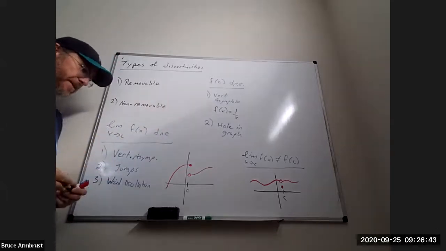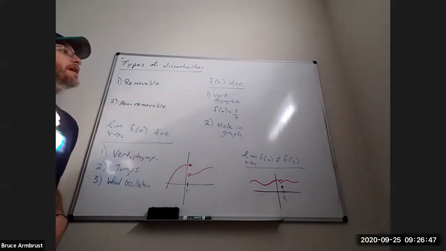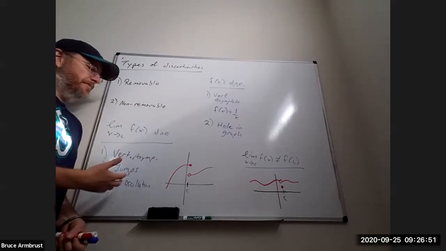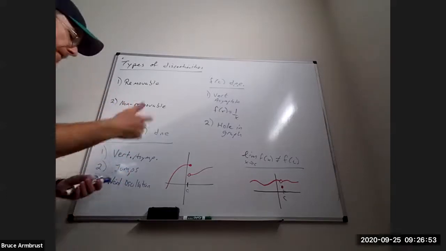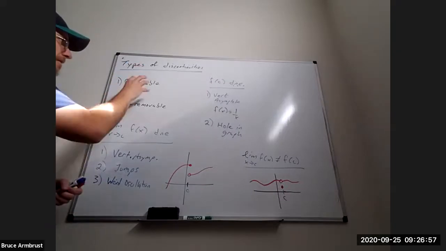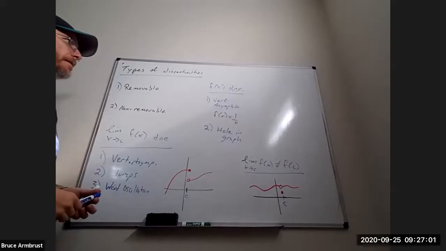Gotta love mathematicians. All right, so all of these can be classified as one or the other. So let me just sort of put them into their respective lists, and we'll talk about what property the removable ones all have in common.